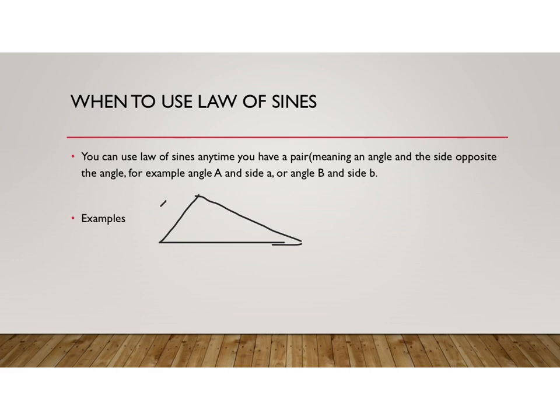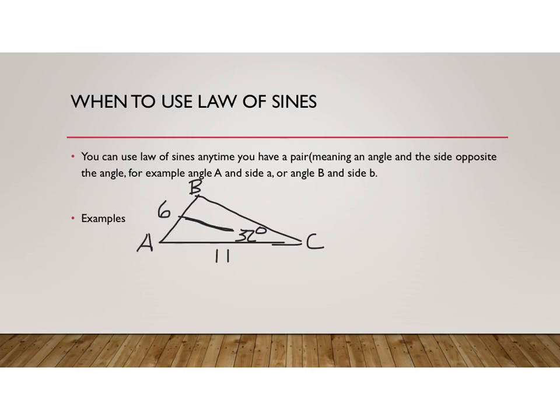Let's say I've got this side to be 6, this angle to be 32 degrees, and this side to be 11. And let's just label this ABC. So you can see here we've got a pair.